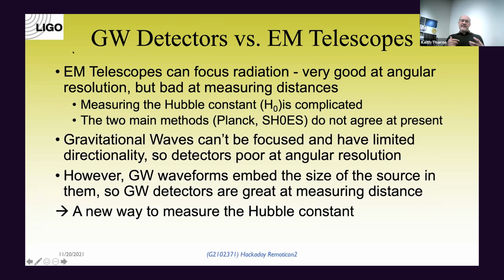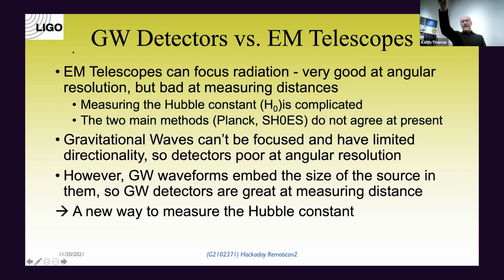One thing is, I want to impress on you how different gravitational wave detectors are versus regular telescopes. Electromagnetic telescopes that you're familiar with, big dishes, things like that, you can focus photons, you can focus light. So they're very good at angular resolution, but they're really bad at measuring distance.